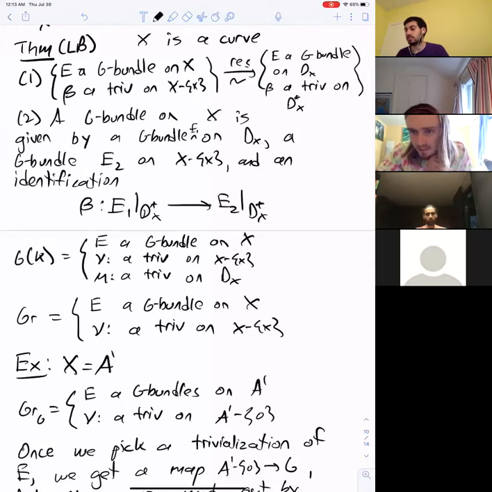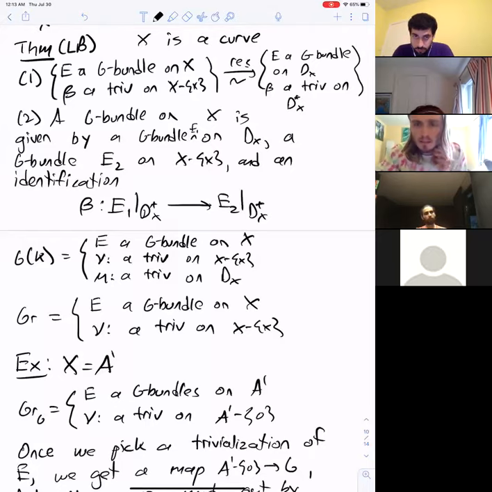It has to be trivial on the entire complement of 0. So all you're allowed to do is glue on the trivial G. P1 is obtained from gluing everything aside from 0 and the formal disk.